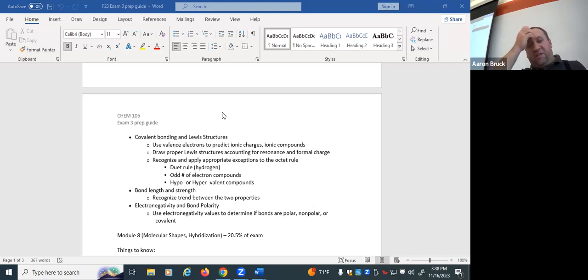The other circumstance that you can see, we talked about this: nitrogen-containing compounds, phosphorus-containing compounds, certain kinds of halogen compounds. They can have odd numbers of electrons. And if I have an odd number of electrons, it's absolutely impossible to get to a full octet, because I can't get 8 when I have an odd number.